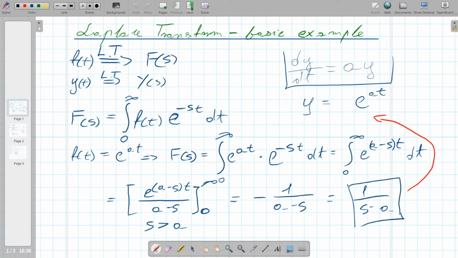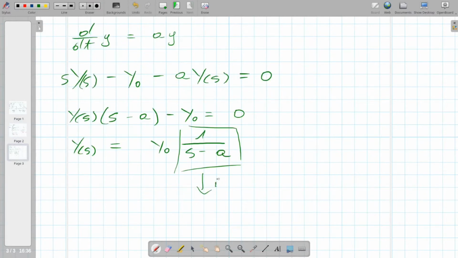So now, taking the inverse Laplace transform, we just find the description of our function in the time domain. So y of t is equal to, this is just a number, the initial condition, y of 0, times the inverse transform of it, which is just the function of time e to the at.